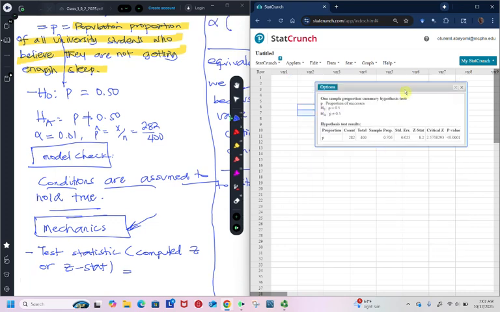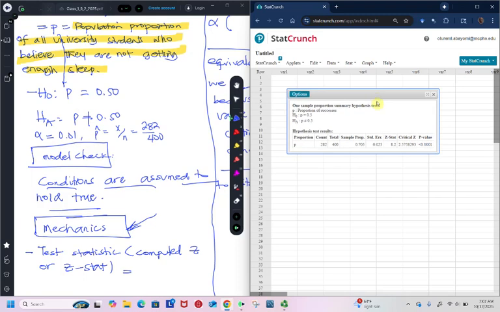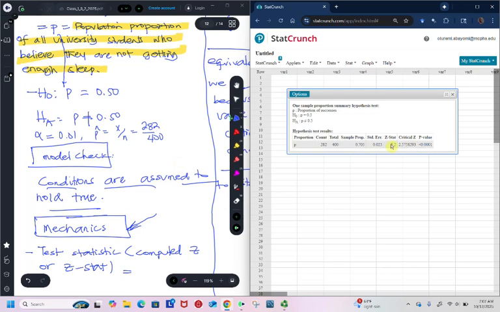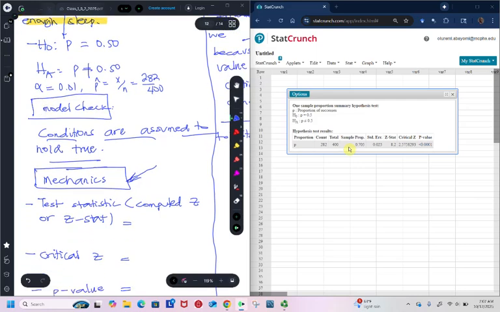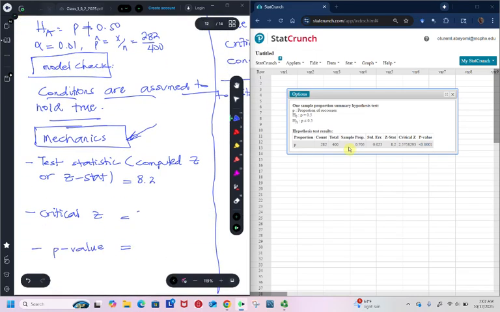Okay, so at 0.01, what do we have? We have the z-stat value, which is 8.2. Our critical value is 2.576, and the p-value is so small that it is smaller than 0.0001.